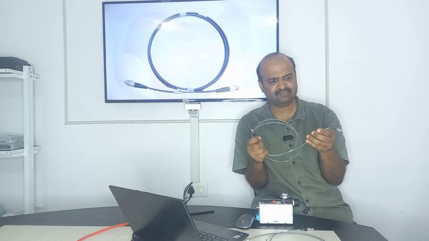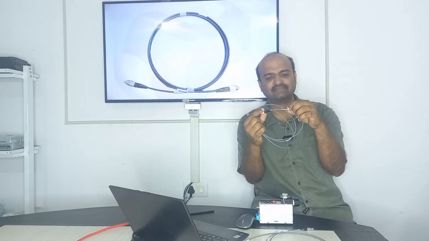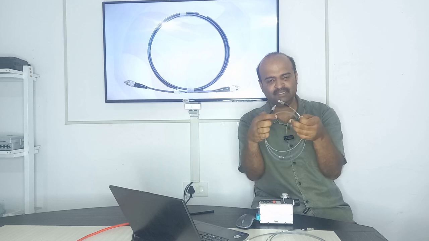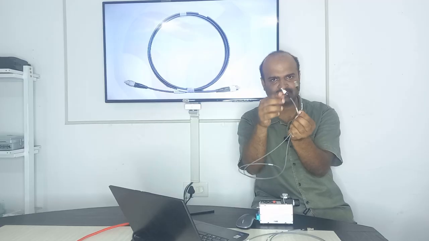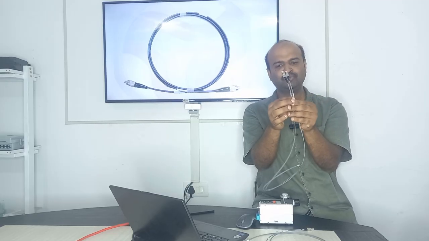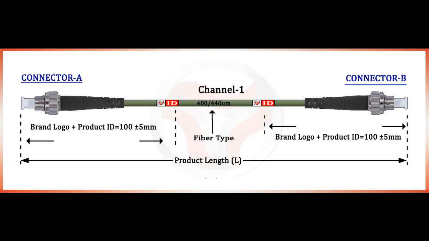Apart from that, DNC uses a product tag, which is an ID basically, attached at both ends of the connector. This makes it easy for a normal user to identify the tip of each fiber.